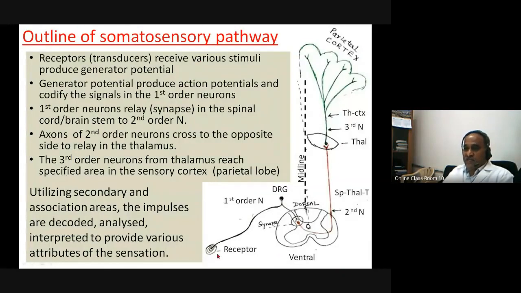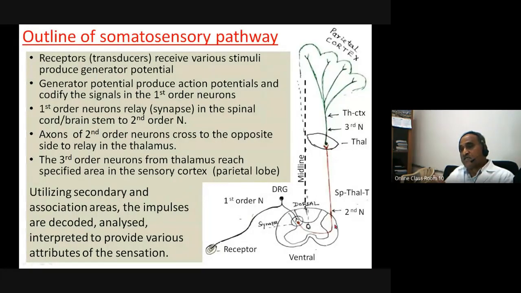Now I describe here a somatosensory pathway. They have three neurons. The one is the neuron from the skin or the mucous membrane reaching to the spinal cord. This is called a first order neuron. From the spinal cord, it will either cross at the segmental level, or it will go up to the medulla and then cross at the medullary level.